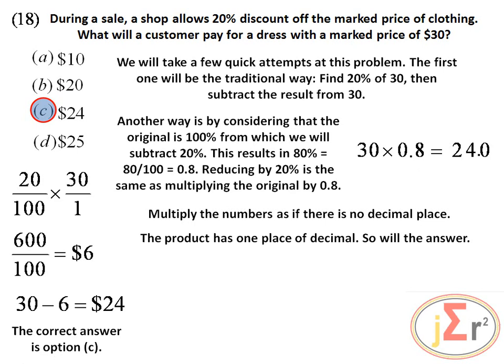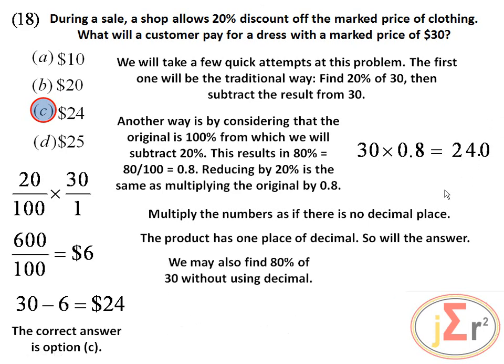Then what do we do? Count the number of decimal places in the numbers that we are multiplying. Well, we have only one right here, so we have one place of decimal in the answer also.